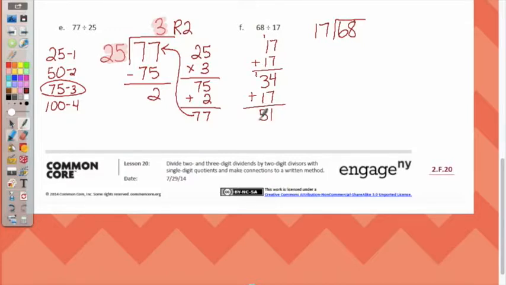That's 51. I think I'm going to stop at 68. Now this is my first 17, where's my second one? 34. Okay, then my third, then my fourth. Okay, so do we have another perfect problem? Yay. That's nice.